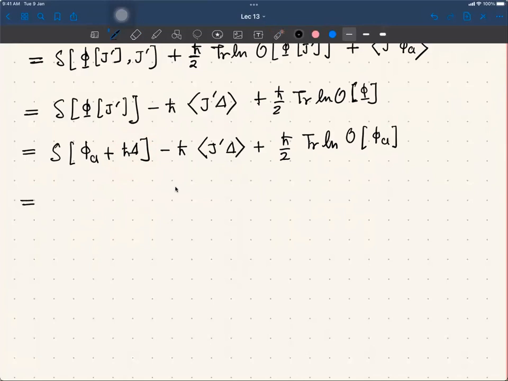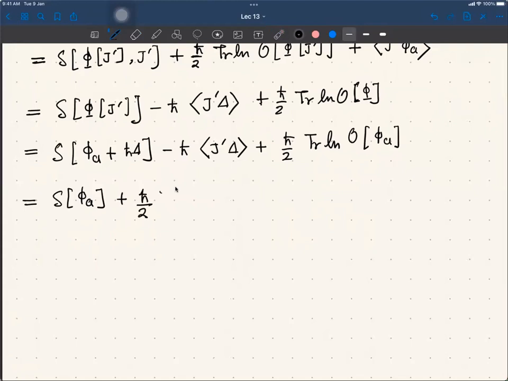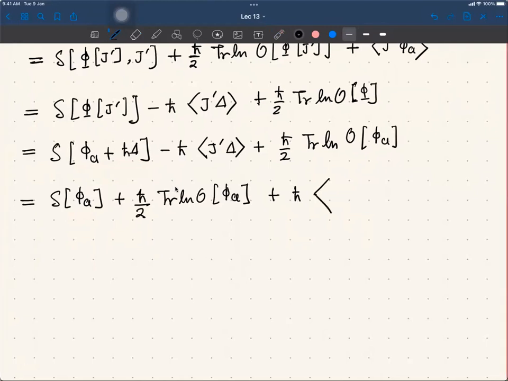So if you do that, let me write this second term first: trace log O of phi CL, then plus, now I'm writing the second term of the Taylor expansion, h bar times delta times del S of phi CL over del phi CL, minus J prime.